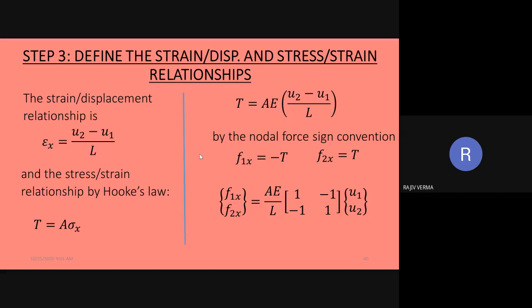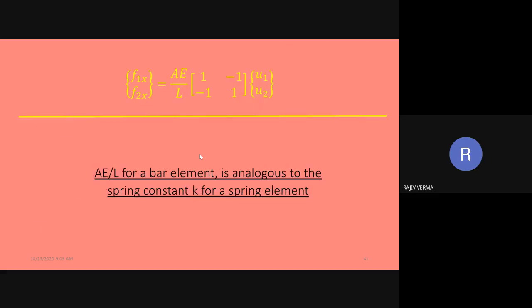You simply keep all these terms together and manipulate them slightly to give the stiffness equation, which is on display. Obviously, a term such as AE by L is analogous to the spring constant term K for a spring element.